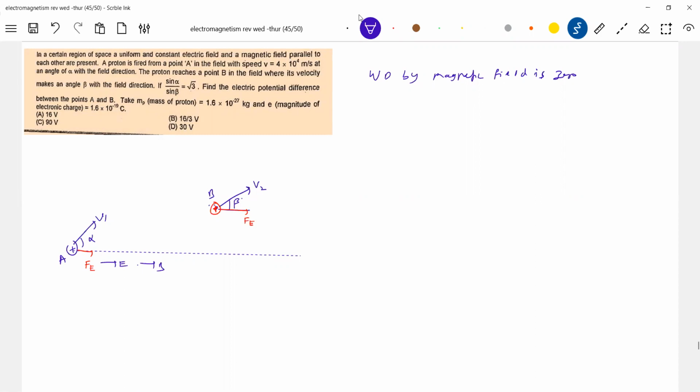Let's go for the y component. Will any electrostatic force act along the y-axis? Nothing, no? So what should happen to the velocity of the particle along the y-axis? It should not change, as E bar is along the x-axis. So the y component of velocity must remain constant.